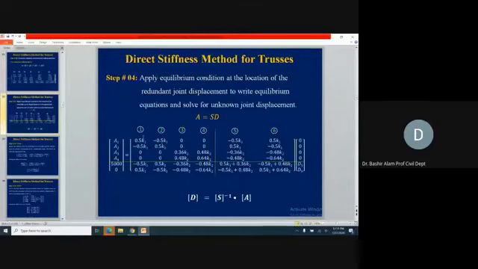Why the columns corresponding to 0? Because they are getting multiplied with these numbers. So we eliminate these rows because they correspond to the unknown forces, and the columns which correspond to the known joint displacements, which are 0.